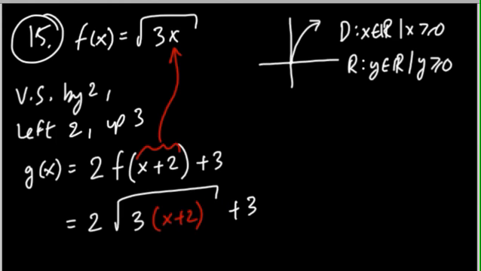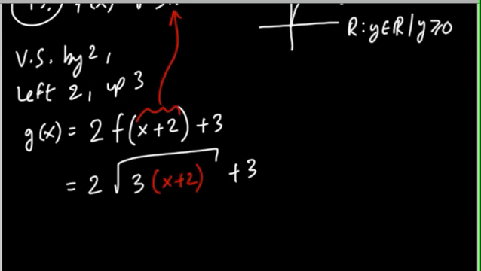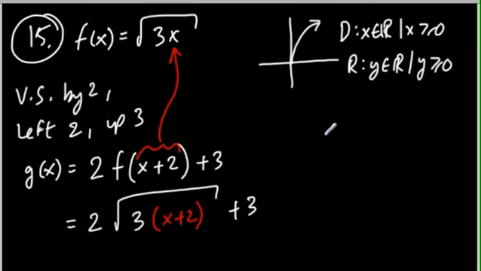If I compare this to the original function, the square root of x, I see a vertical stretch of 2 and a horizontal stretch of 1/3. I'm moving to the left 2 and up 3. So really no big difference. This is my original function, the square root of x, or I guess the square root of 3x in this case. But if I compare it to the square root of x, it would be this way.